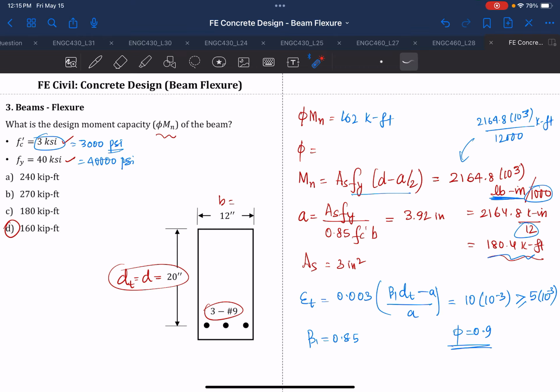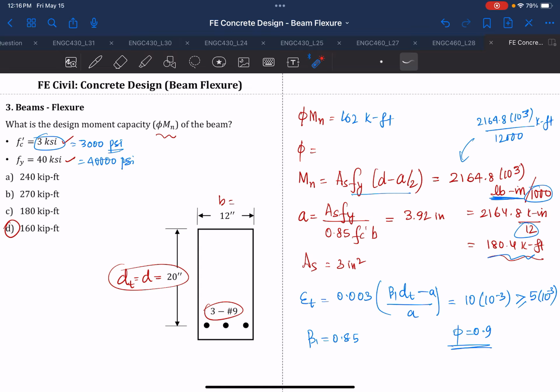And in your design code, we never use the nominal moment capacity. We never use the maximum capacity that the concrete can provide. We always use some factor of safety, and in this case it's a strength reduction factor, so we always multiply with phi. So we always underestimate, or undervalue, the strength.